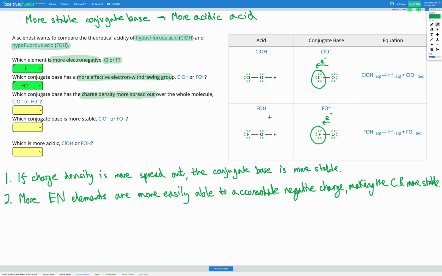Again, that's going to be FO minus, because that fluorine is pulling more of the electrons towards it, the charge is more spread out over the whole molecule. Whereas on the ClO minus, the charge is more left just on the oxygen and it's less well spread out. So the answer is FO minus, the conjugate base has the charge density more spread out. And if the charge density is more spread out, the conjugate base is more stable.